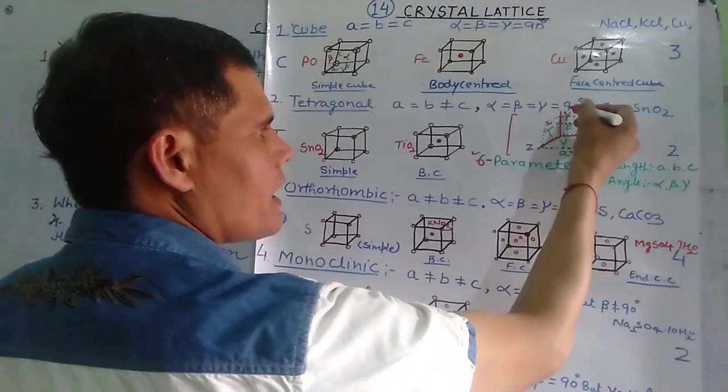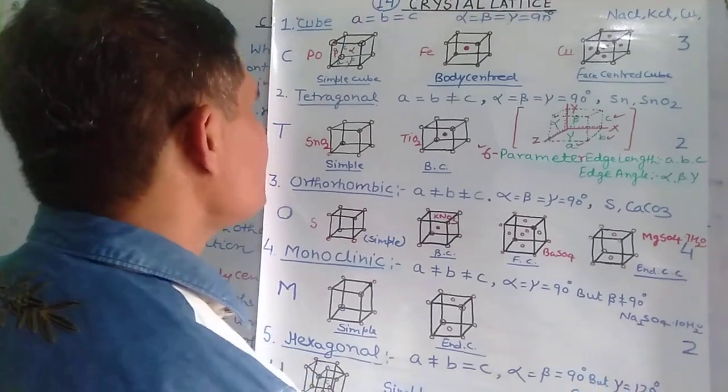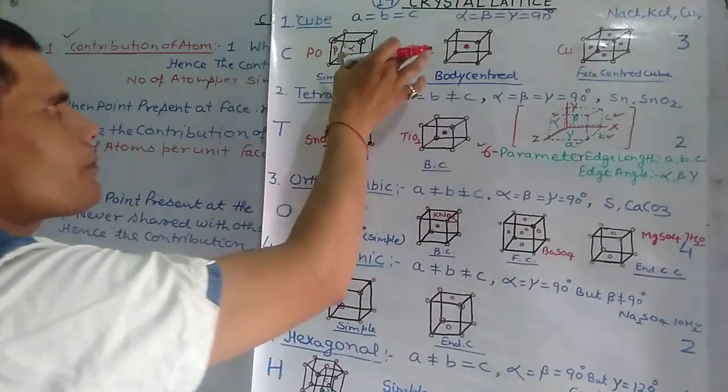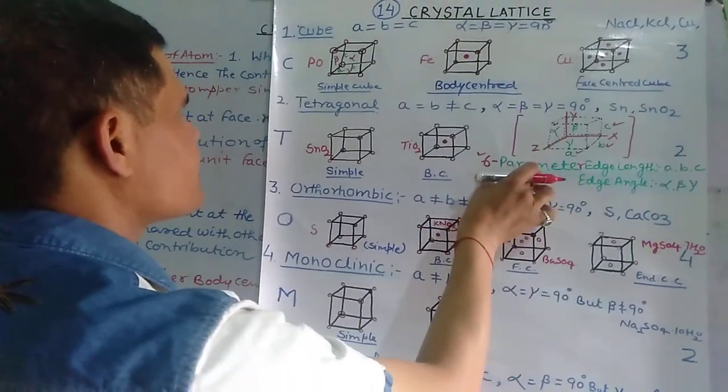X, Y, and Z, these are the axes. Now we will discuss the types of unit cell on the basis of the 6 parameters.